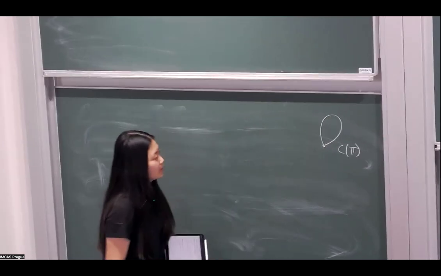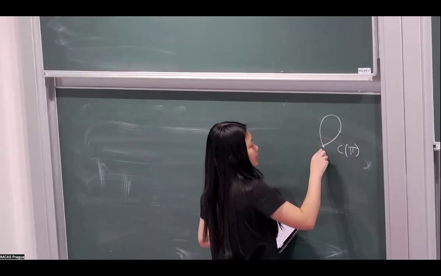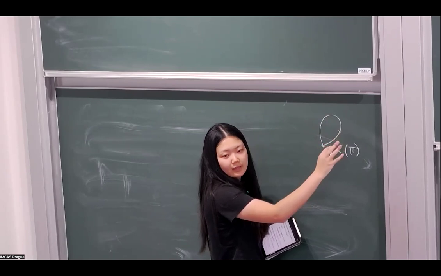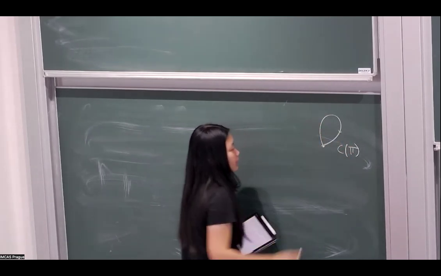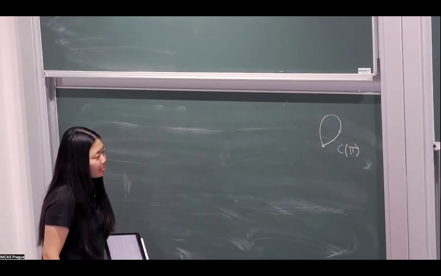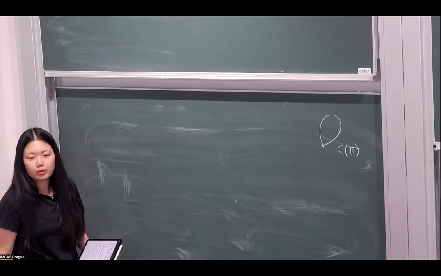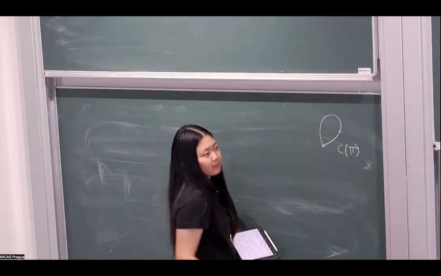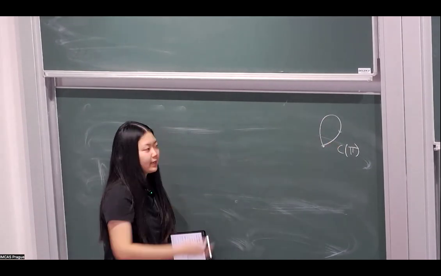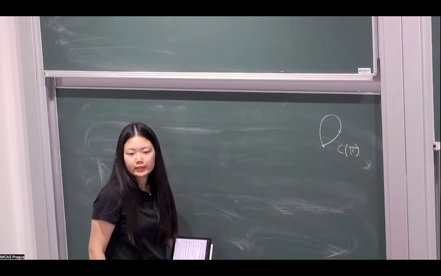I mean, the easiest example that one might think of is this. You have a directed graph. You don't even need to define any group or the self-similar action. You have one vertex and one edge, so it's a loop. And then the corresponding C-star algebra will be C of T, because if you write out the Cuntz-Krieger family, you can see that you're basically just defining the C-star algebra generated by a unitary.